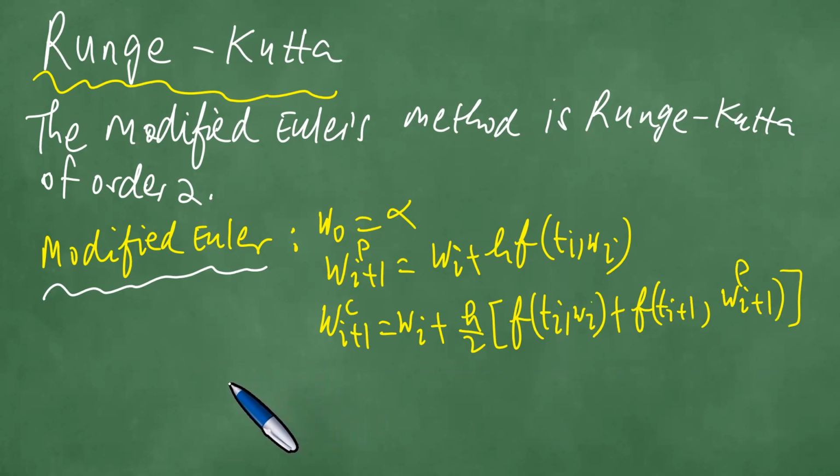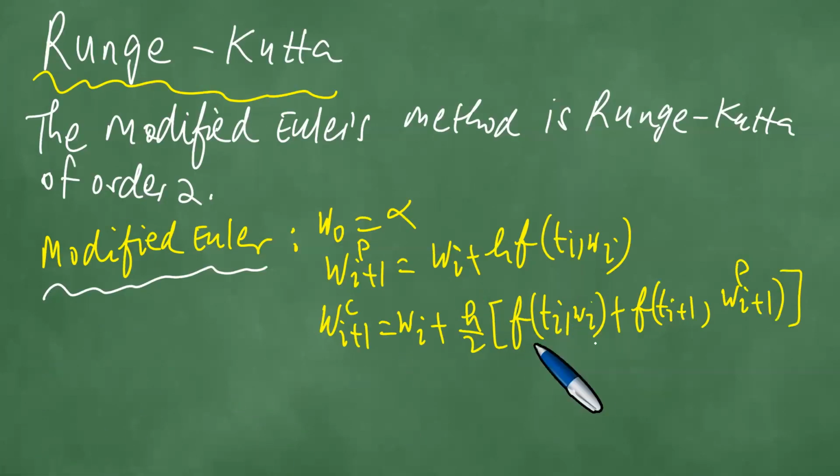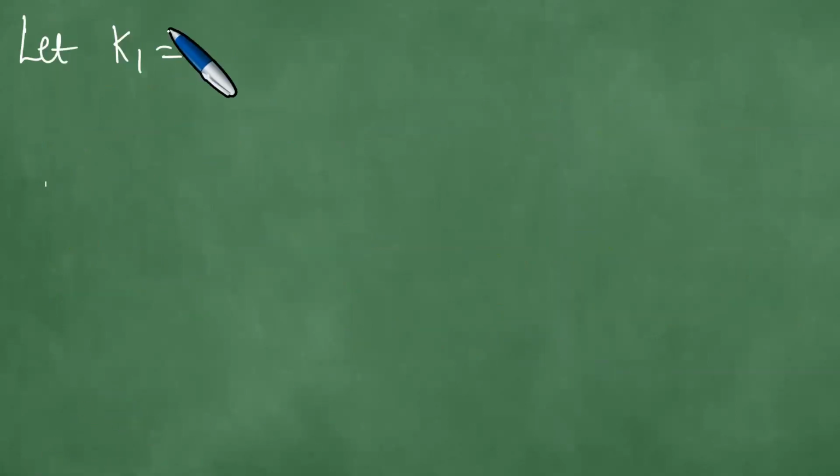Now, what is this? If you let K1 be this thing here, just this one with H, so it becomes H.